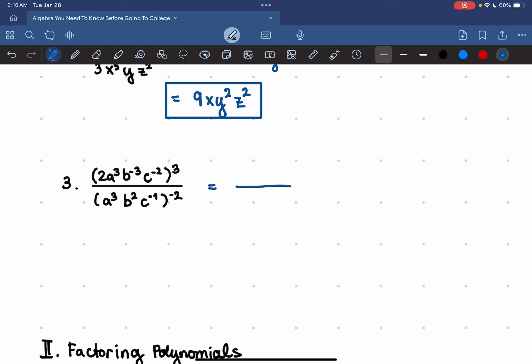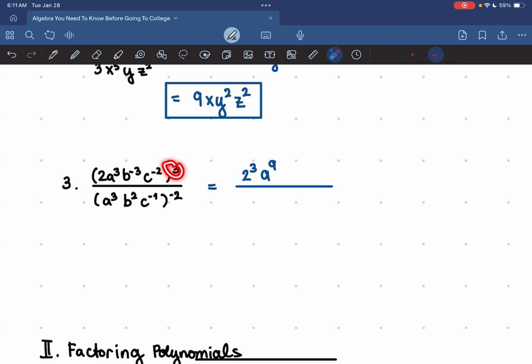So let's put a line here. In the first one, we'll have 2 cubed. Okay, fine, let's just write it as 2 cubed. Then next will be this cube times this one. Just recall that when you distribute this one, basically you multiply the exponents. So we'll have here 3 times 3, so this will just be a raised to 9.